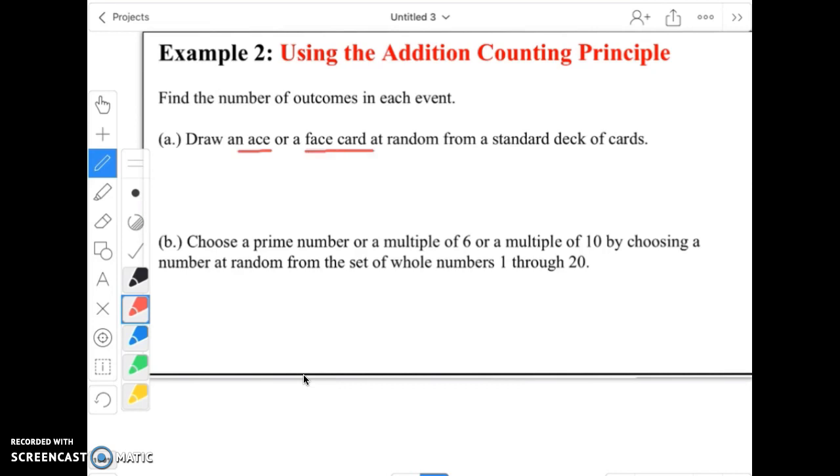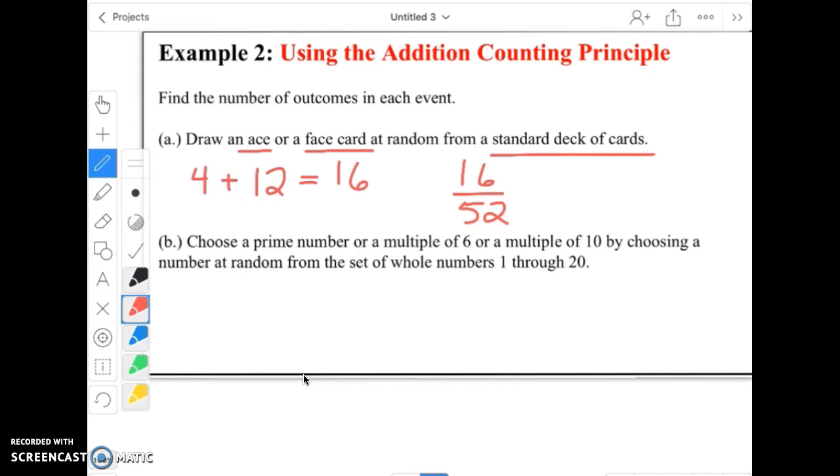So realize that there's 4 aces, and then there could be a king, queen, or jack of any of the 4 different suits of cards. So that would be 12. So we have a total of 16 possible outcomes out of that standard deck, which is 52. So we would have 16 out of 52 in this case.